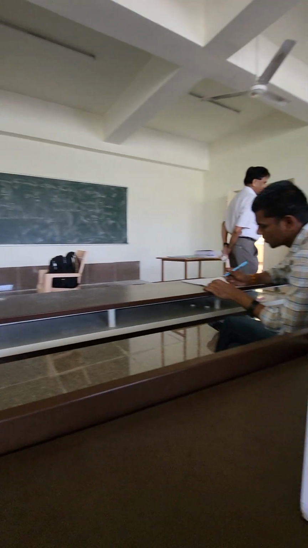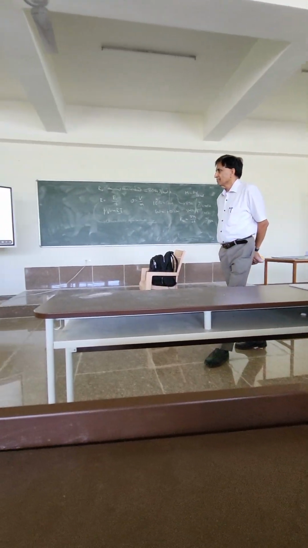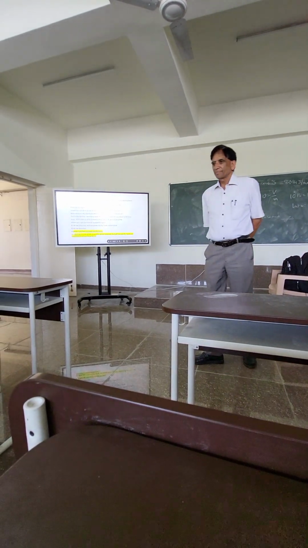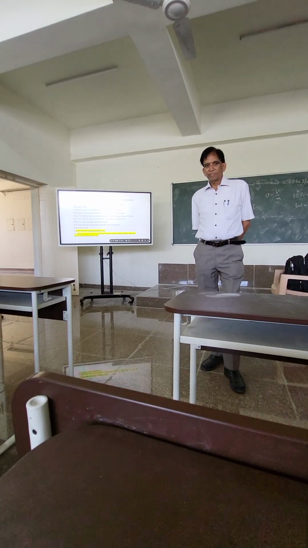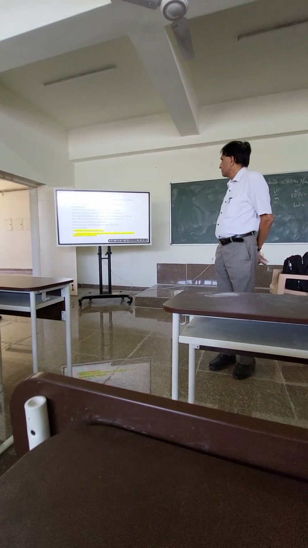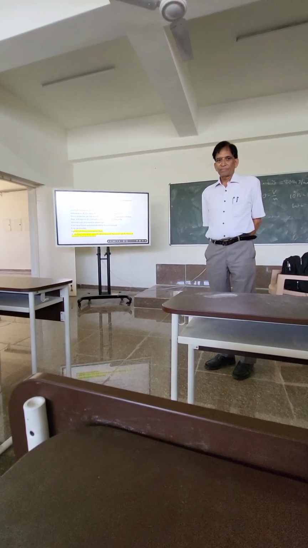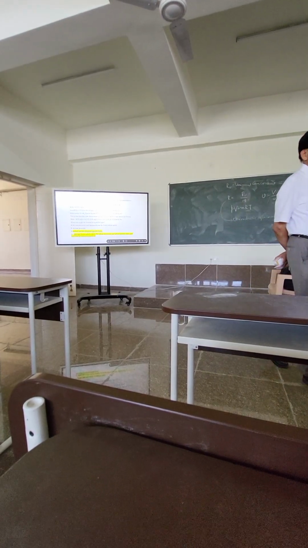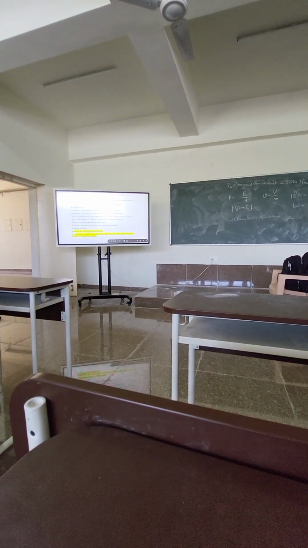Simple. 0.0224183 meter cube into 1000, just the liters, looks like 22.4183.